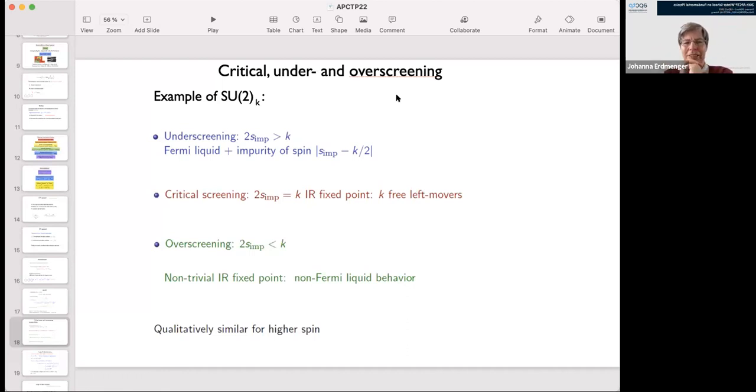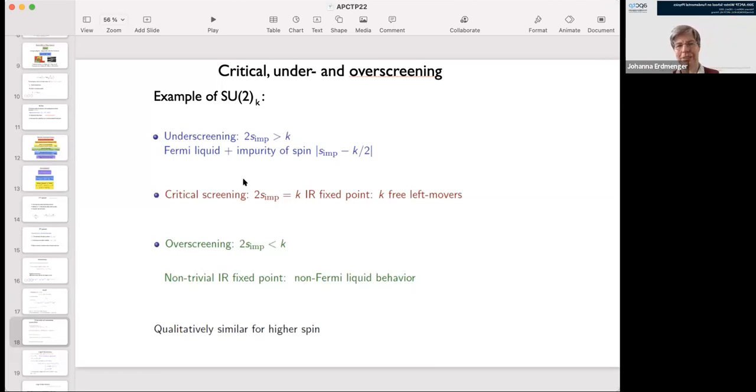But now there's also something called underscreening and overscreening. Underscreening is when twice the impurity spin is bigger than the number of flavors, because then the impurity is not totally screened. And then we just recover the same as in the UV, but with a slightly smaller spin representation.